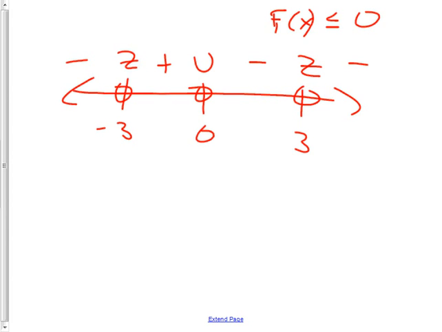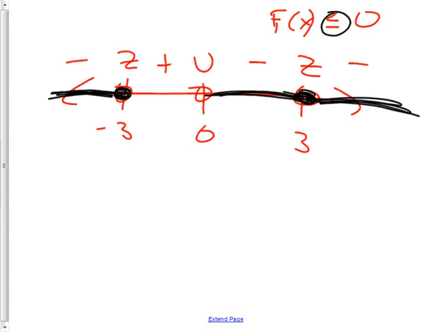Okay, my first thought is, do the zeros themselves actually work? Yes, it says or equal to 0, so zeros can work in this situation. Those work. Where else does it work? Wherever it's less than 0, that's like negative stuff. So it's like here, and it's like here, and here.